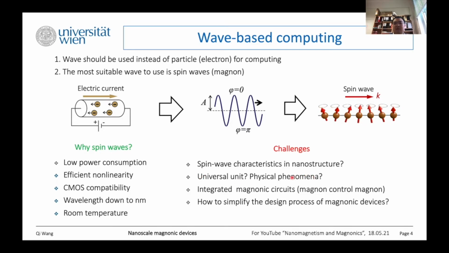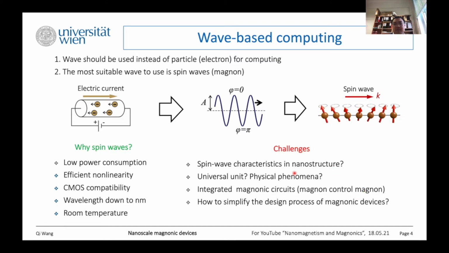And which kind of physical phenomena can be used for this universal unit? And can we demonstrate integrated magnonic circuits, including at least two logic gates, in which the magnons are controlled by magnons themselves? And the last one, can we simplify the design process of the magnonic device?